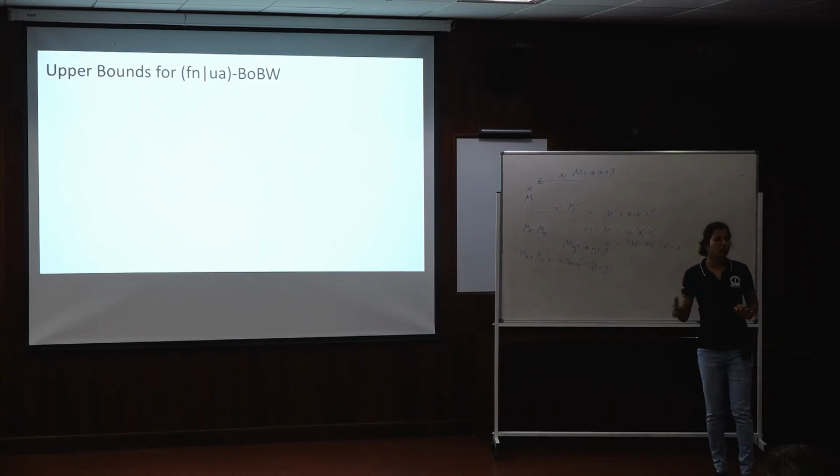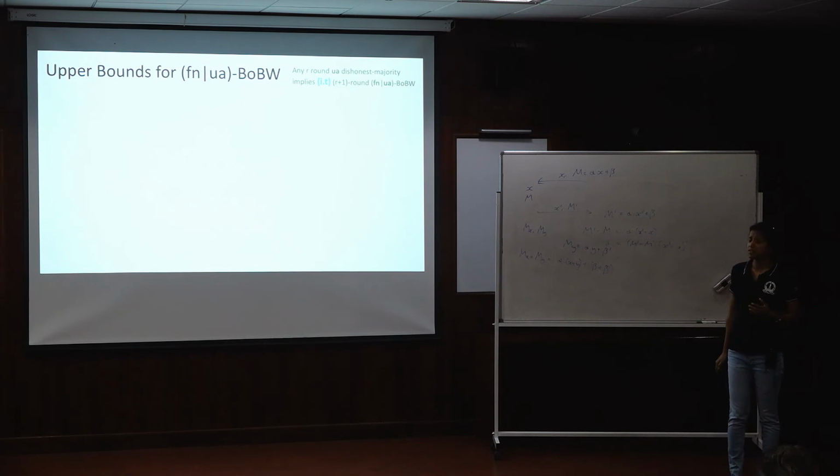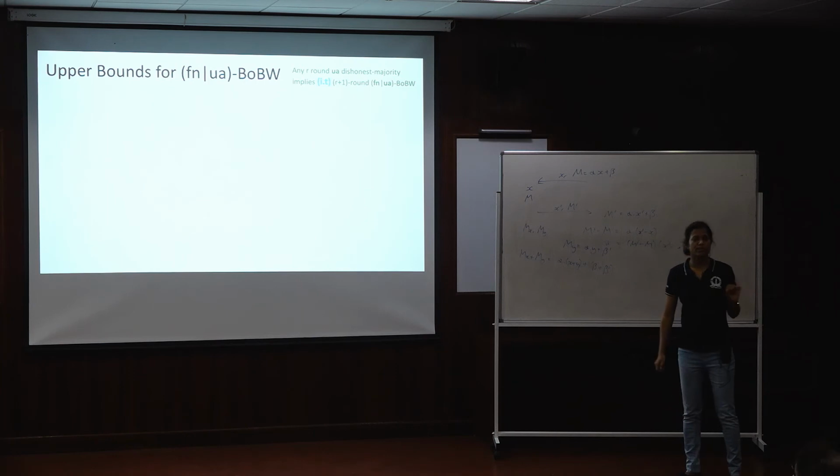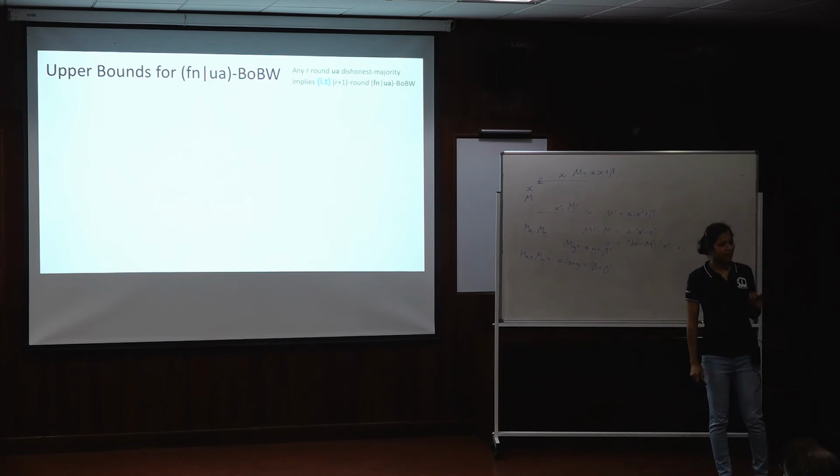Okay, so let's now build the compiler. What is the goal? We are going to use a dishonest majority protocol, any dishonest majority protocol for that matter, as a black box, and then we are going to use these additional tools of secret sharing and MACs.